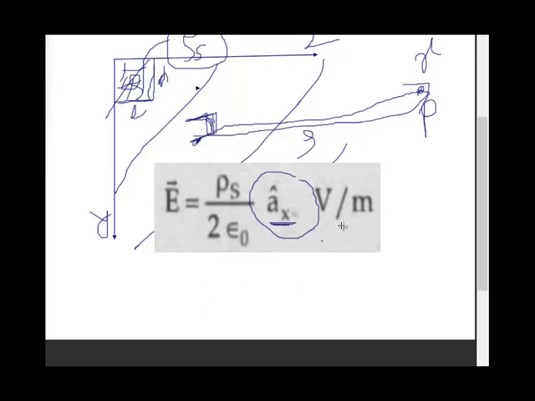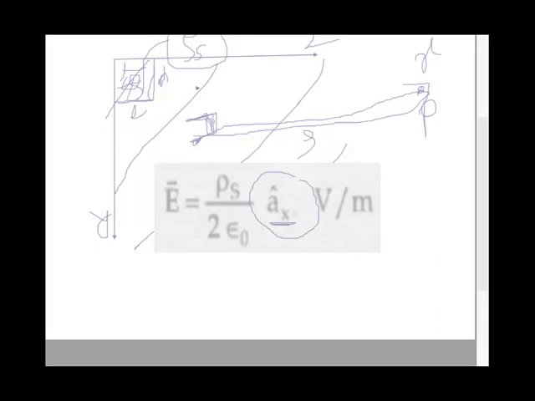So if you generalize this formula, we mark this x as n. N means normal, or perpendicular. In this figure it is marked as a cap n, n for normal.